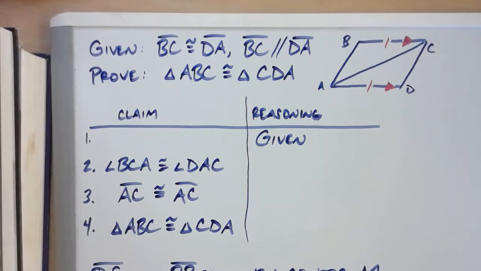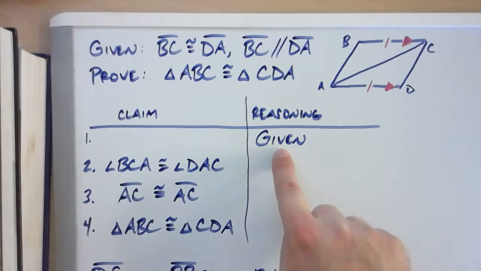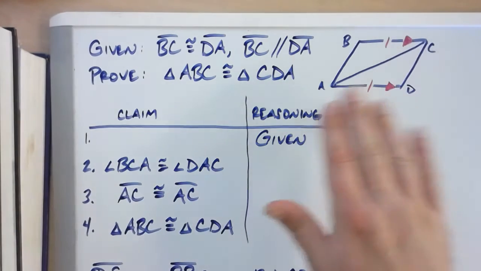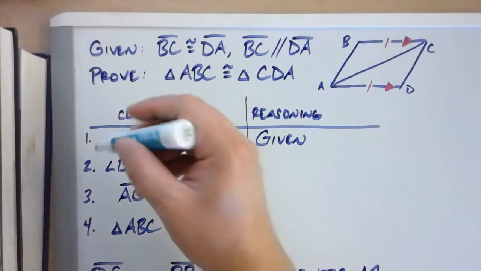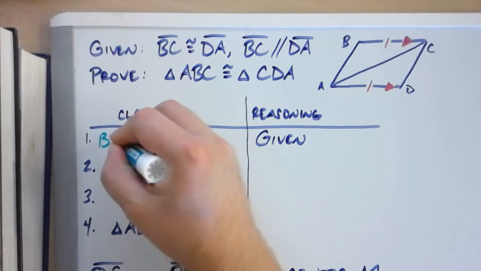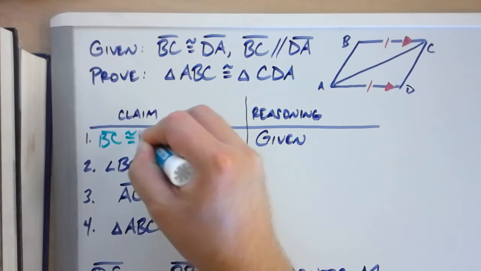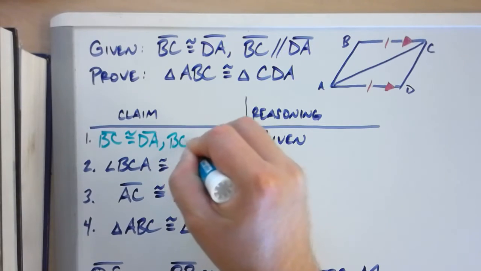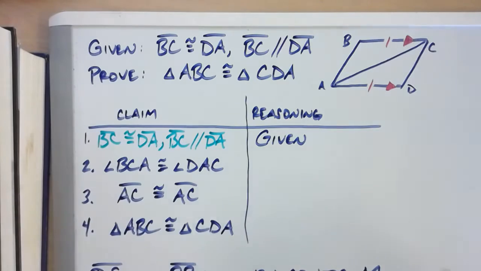So here's the automatic point for everybody: the very first step in any proof, the very first claim that I can have, is just my given information. Basically, what do I see on my diagram and what information was I told? So here is where I would have segment BC is congruent to segment DA, and the same segment BC is also parallel to that same segment DA.